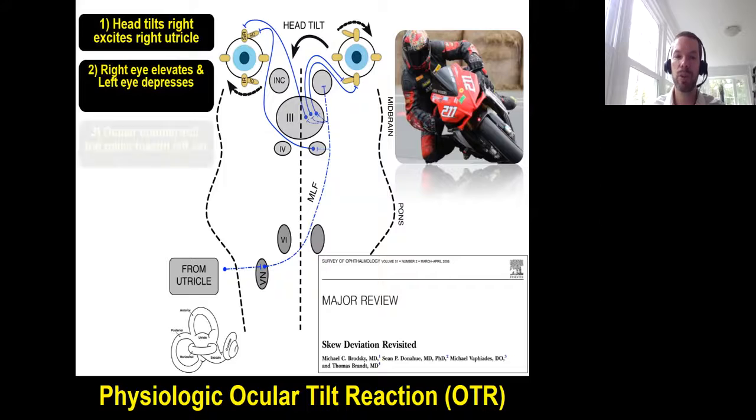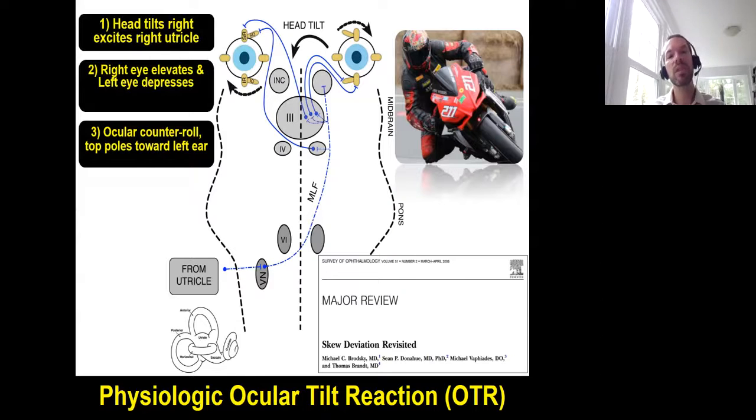It's very minute. There's a little bit more of this ocular counter roll. That is, the top poles are going to go towards the left ear. But mainly in a normal person, you're going to see this reorientation of the head relative to gravitational vertical. That's the biggest way that a patient who's tilting is going to sort of get back to center, get back to earth vertical.